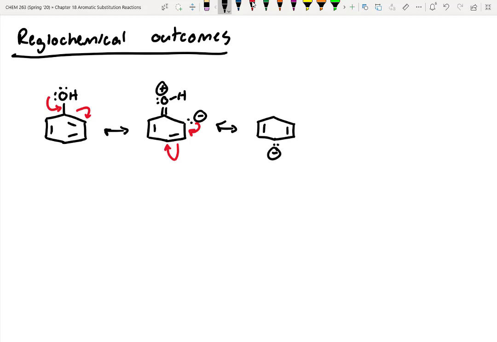That gives me a negative charge right here. And then I can keep on pushing this all the way over here, where I've got a negative charge over on this side of the ring now. And then last but not least, I can push this all the way back and get my last resonance structure.